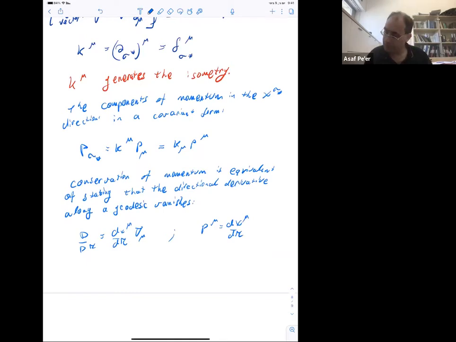So stating that dP sigma star over d tau is equal to 0 is equivalent to stating that P mu nabla mu of K nu P nu is equal to 0.